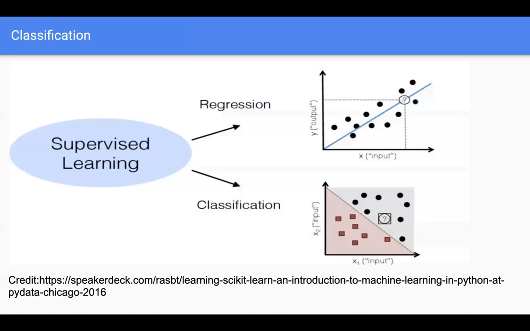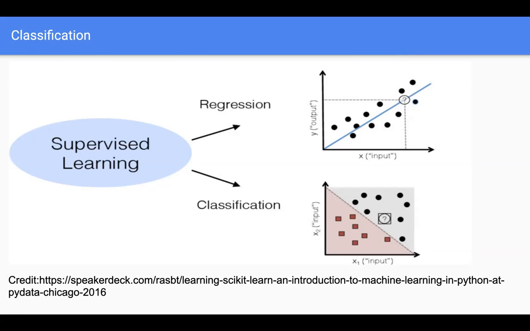So let's get started. Classification is a supervised learning technique. As we had covered regression techniques in the previous classes, in the regression technique we had a specific discrete output that we were predicting based on a couple of inputs.